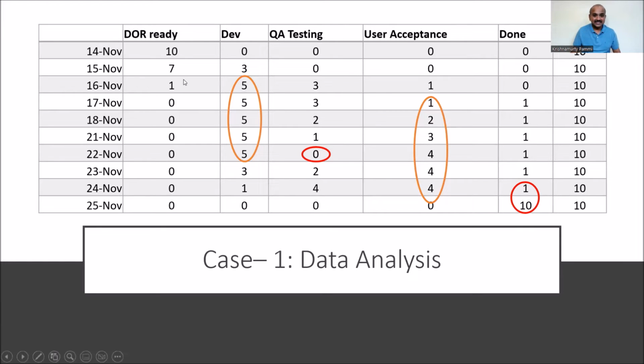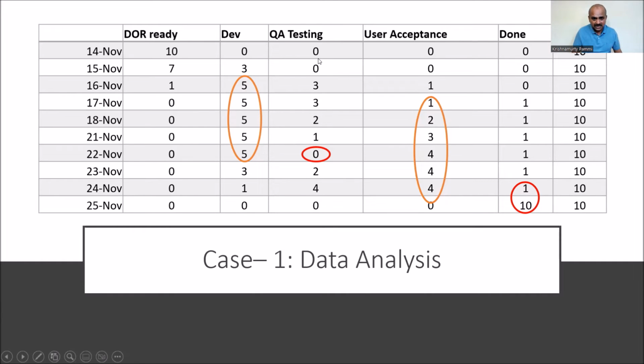That is why they continuously have 5 user stories. For example, if you see a 0 number here, that means whatever stories they picked up are continuously in their bucket. They're not able to push them, or is it because QA is not pulling them? There can be n number of reasons.